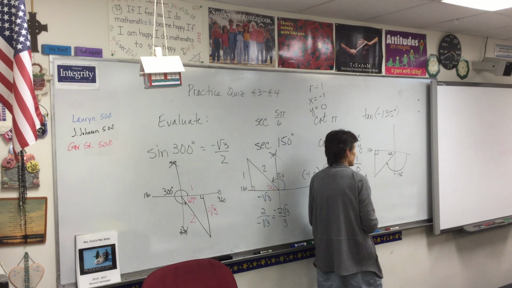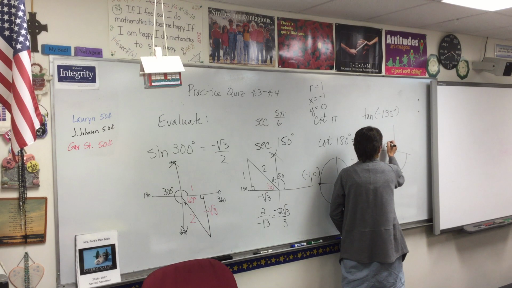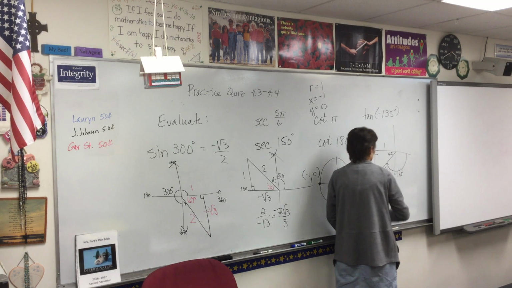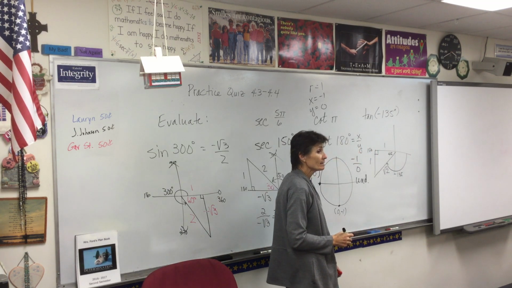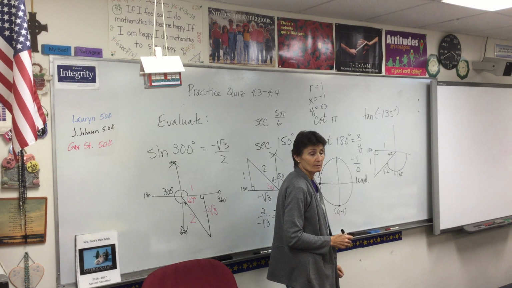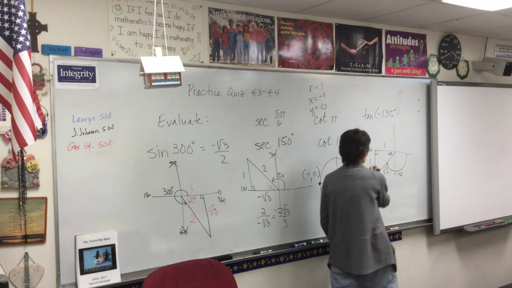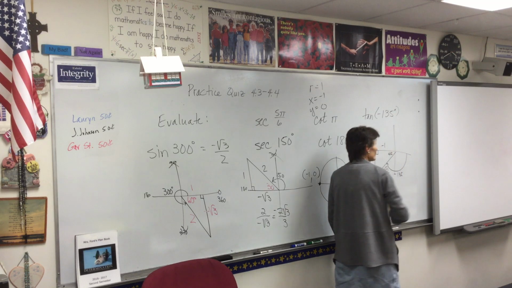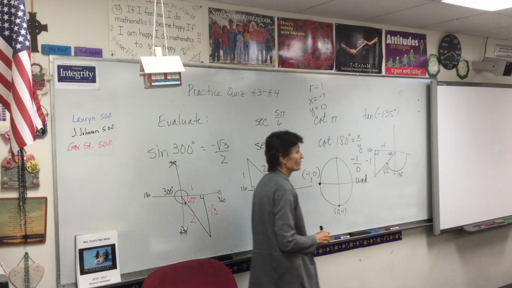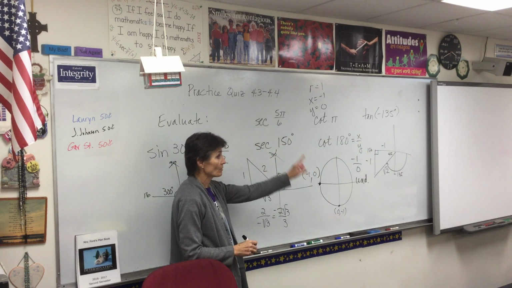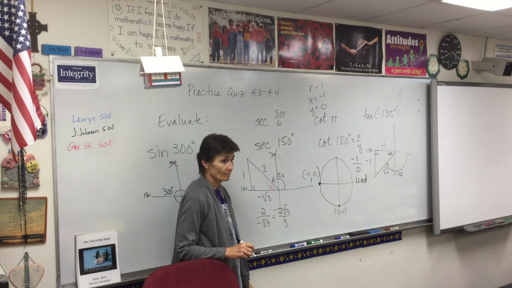So what are the sides? Across from 45 is 1, and the other one then is root 2. The 1 on the left side is negative, and the other one is negative, both negative, right? Because we're in quadrant 3, and in quadrant 3, your x and your y are both negative.